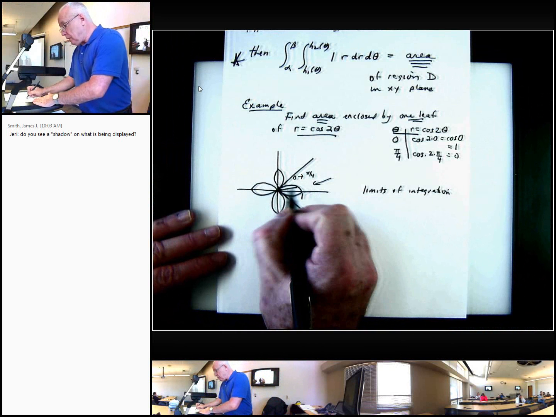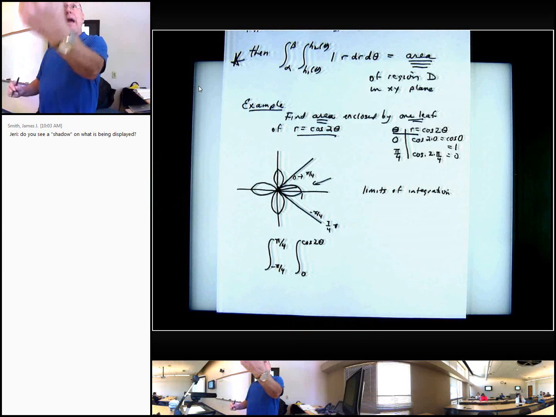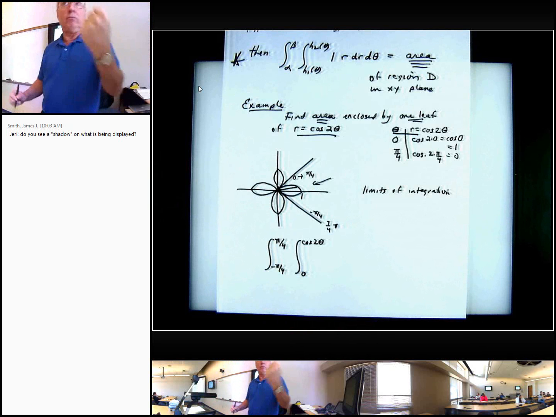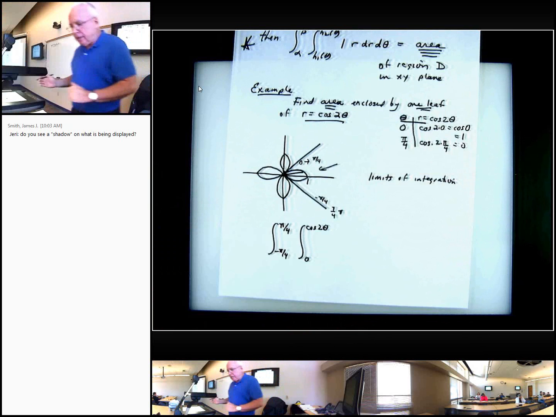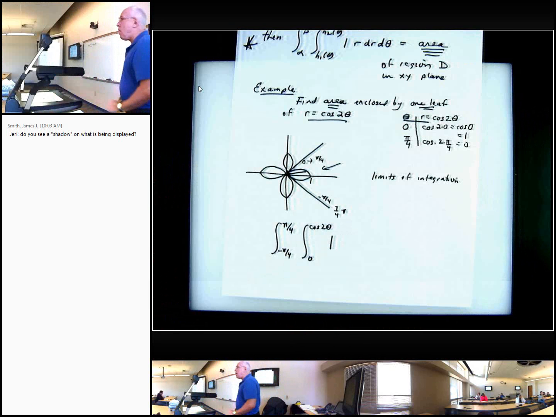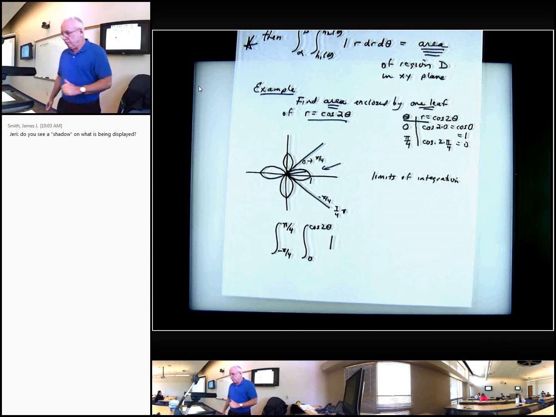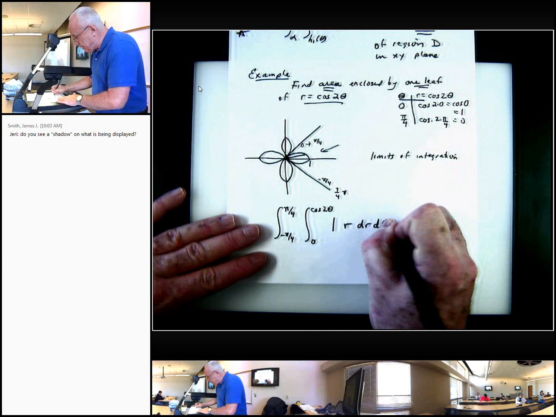But my upper limit is going to be where r hits the graph, and that's cosine of 2 theta, because that's what we're given. Now since it's the area that we're asking for, my f of x, y is just going to be the number 1. And then we have r, dr, d theta.